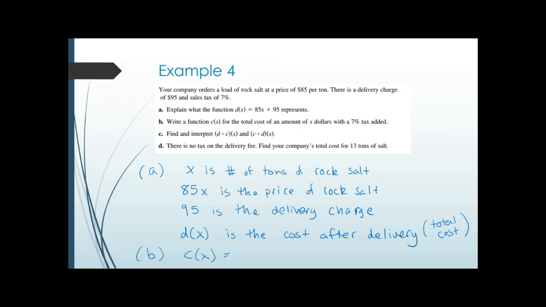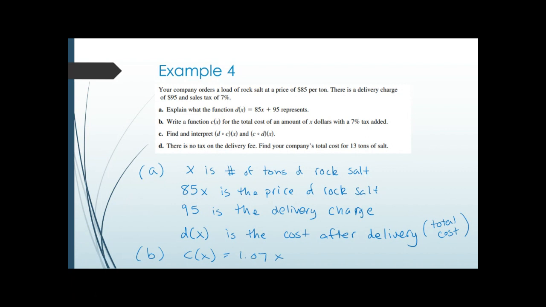So our input is the amount of dollars, so the total cost. If you were adding tax, you're basically taking whatever your cost is and multiplying it by 1 plus the amount of tax. So if our tax is 7%, as a decimal that's 0.07, and so to find the total after tax, you're multiplying whatever your total is by 1.07.